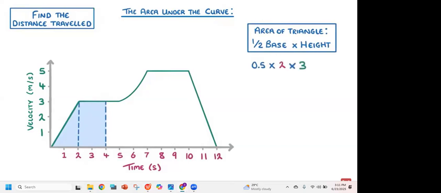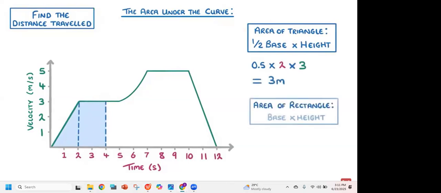So together, that gives us 3 meters. Then to calculate the area of the rectangle, we have to do base times height. So just 2 times 3, which is 6 meters. So the total area, and thus the total distance traveled, during these first 4 seconds would be 3 plus 6, so 9 meters.